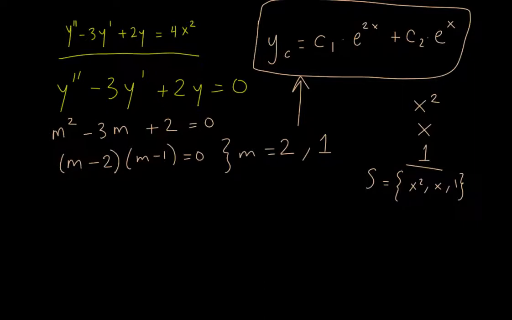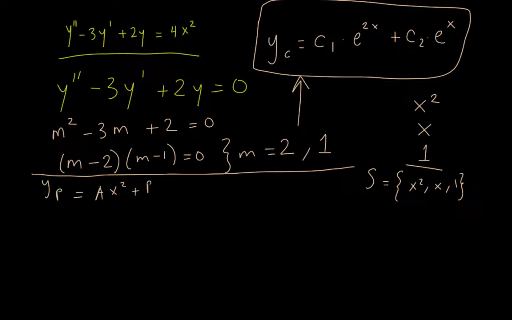So our y sub p would then be equal to an undetermined coefficient in front of each of these three elements in our set. So we get ax squared plus bx plus c.